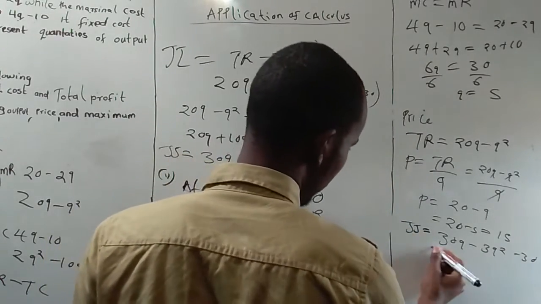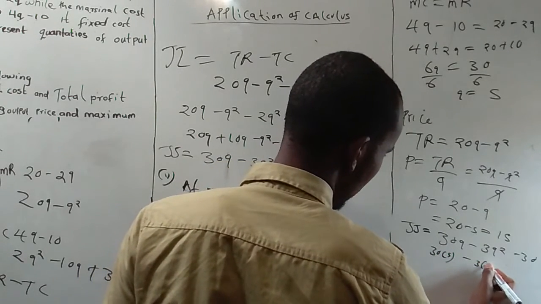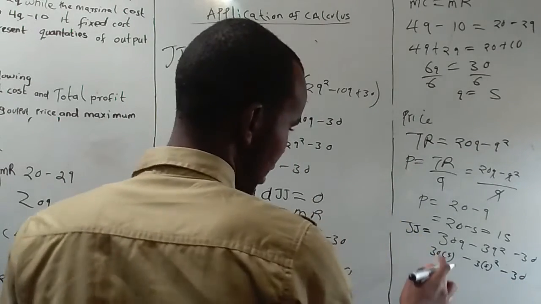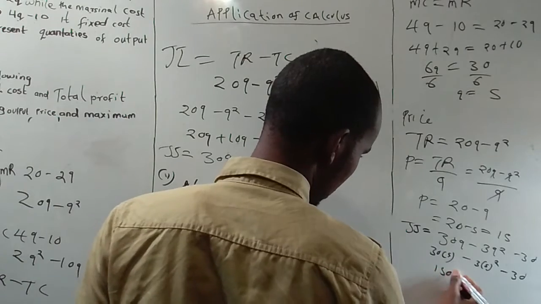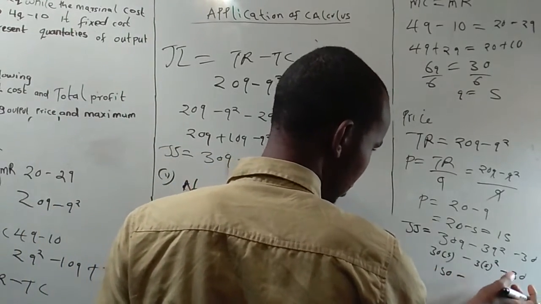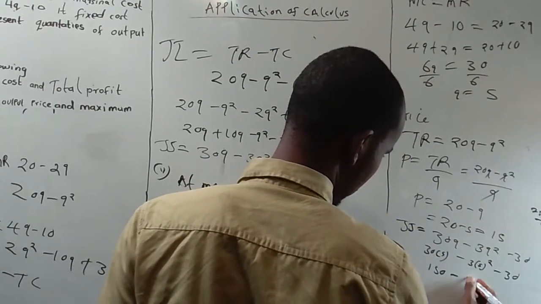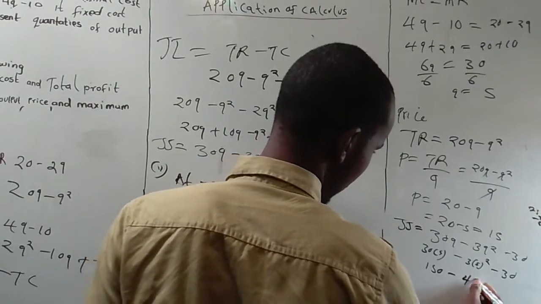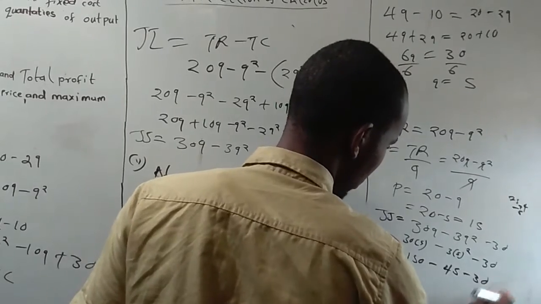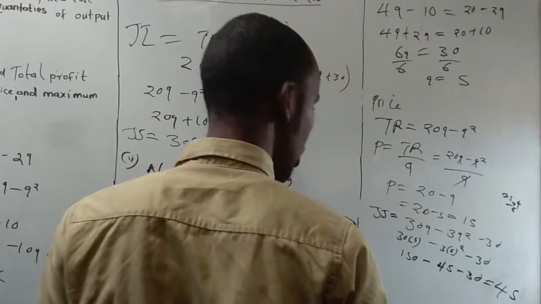Now we substitute with 5: 30 into 5 minus 3 into 5 squared minus 30. 30 by 5, that is 150. 5 squared is 25. 25 by 3 comes to 45.